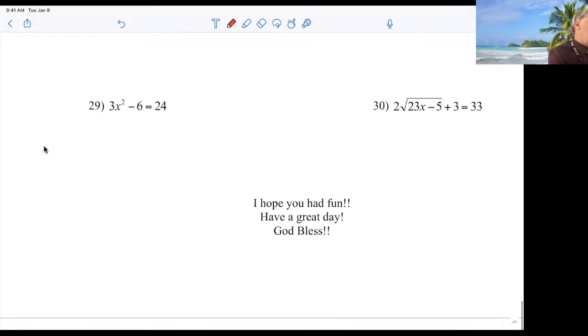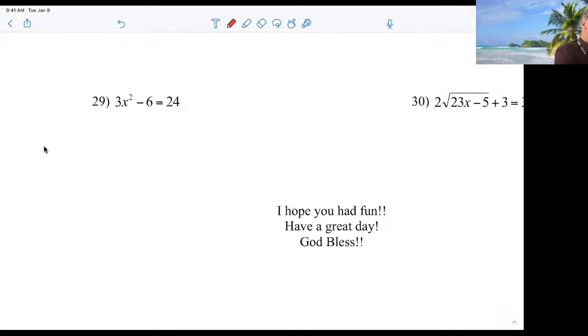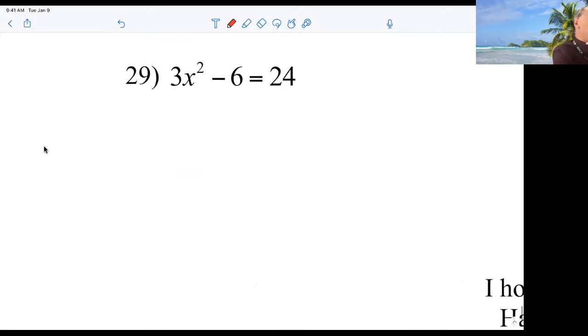All right. Last one. And boy, did I have fun. What do I have to do first here, guys? What can I do to both sides? Add 6, right? Because there's only a square term, so we isolate the square. So now I have 3x squared equals what? 30.